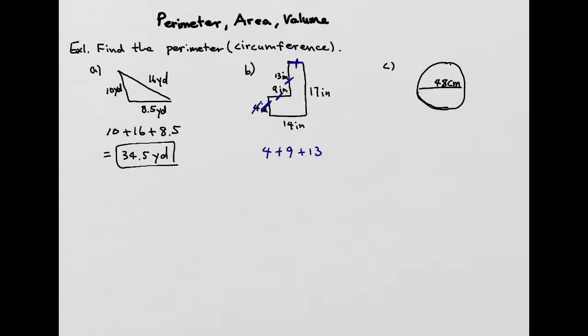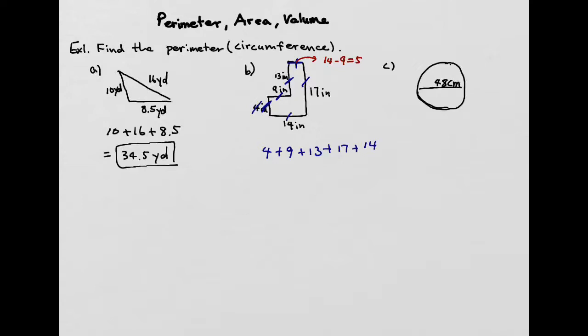In order to find that length, it's going to be 14 minus 9, because you have the whole length right here, which is 14. To find this part, you need to subtract that number, so that gives you 5. So you're going to add 5. And then this length will be 17, and that one will be 14.